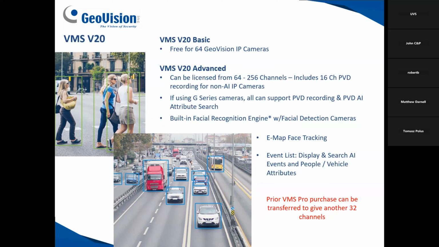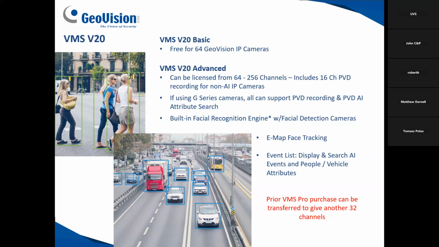Now, a couple other points that go along with the V20 Advanced. We have a couple different series of analytics cameras. For years, if you've used us, you know that we have the TVD series or the TBL cameras. We've also recently introduced a G series of cameras, and you'll be able to achieve different levels of analytics depending on what GeoVision camera you have.